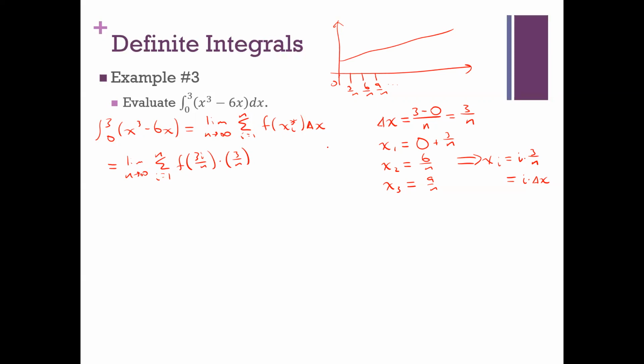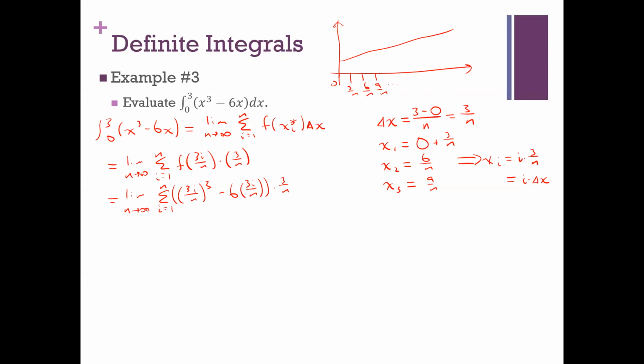Are we okay with the change I made there? Now I'm going to do one more thing, just to drop the specifics about our function in there. That's going to be 3I over n cubed minus 6 times 3I over n, all times 3 over n.